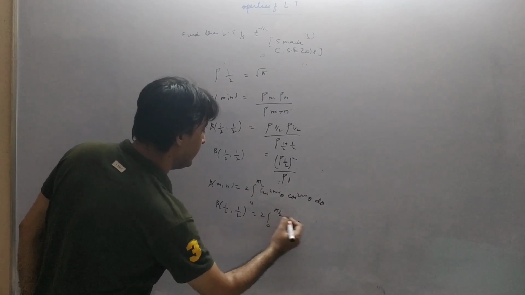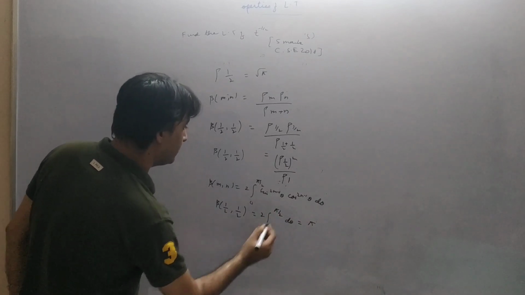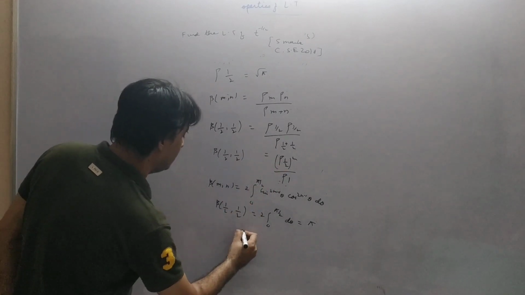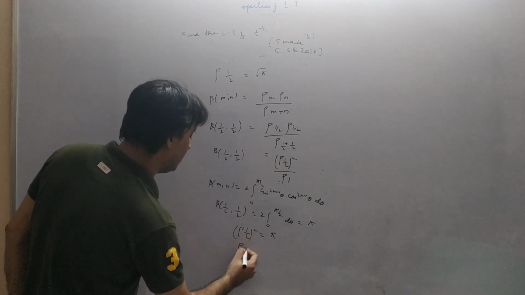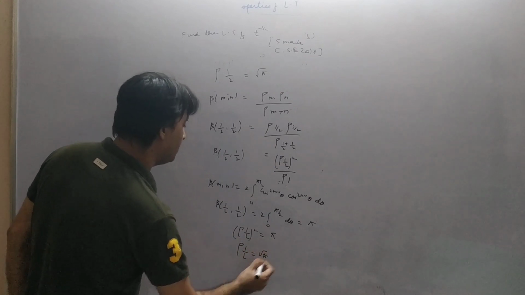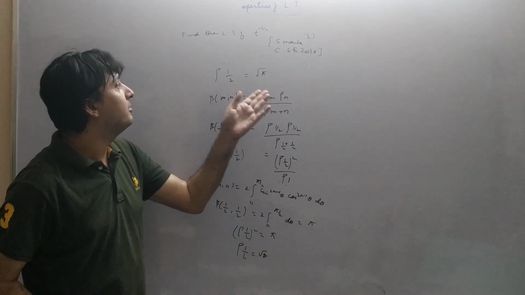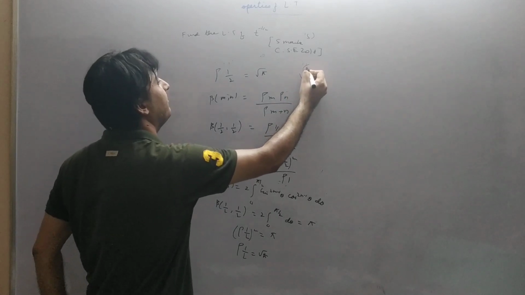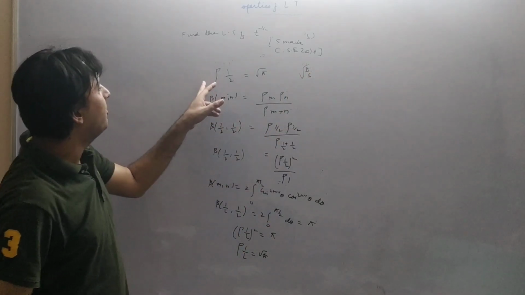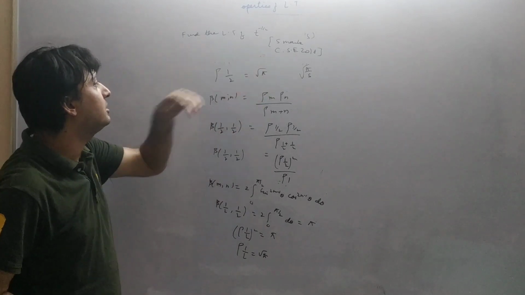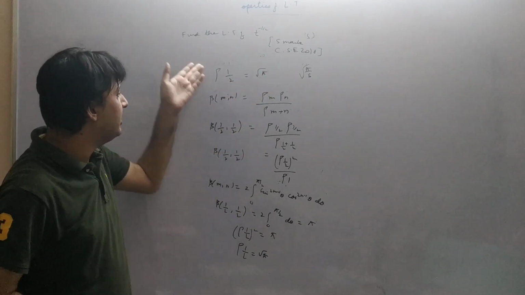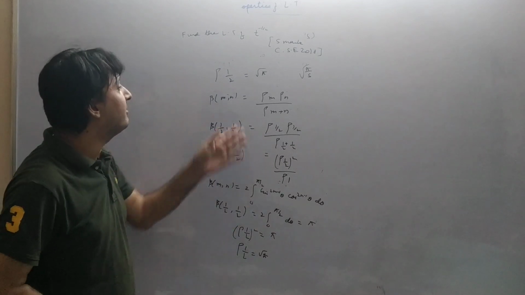So what we get is pi. So gamma half whole square is pi. So gamma half is equal to root pi. So I think we have got the answer. Yes, root pi by s to the power half. And we have to show this if it is asked for more marks. If it is asked say for 15 marks, then we have to prove this relationship and find it.